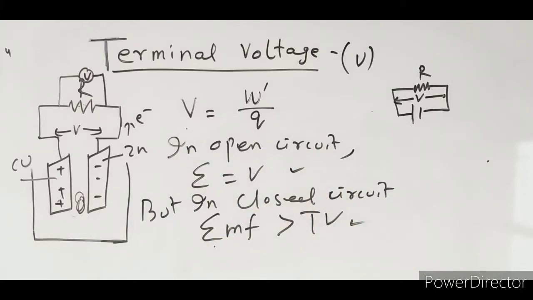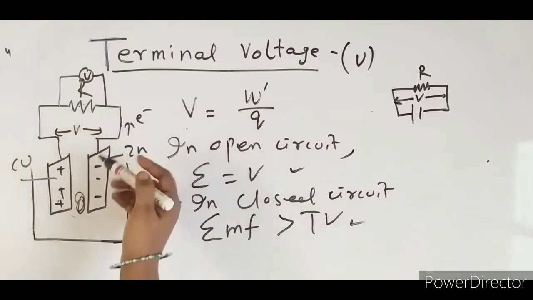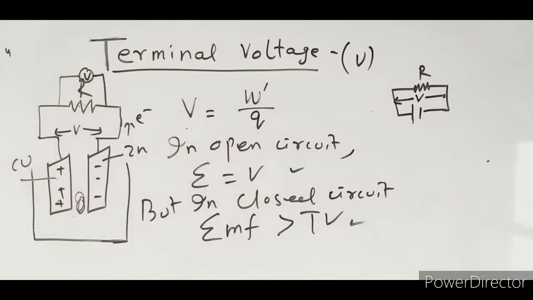Clear? Another case is whenever we are charging the cell. At that time the EMF of a cell cannot be changed; the EMF of a particular cell is constant. So during charging, the terminal voltage will be more than the EMF.